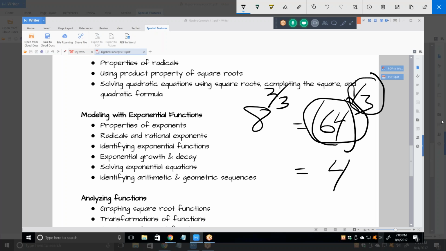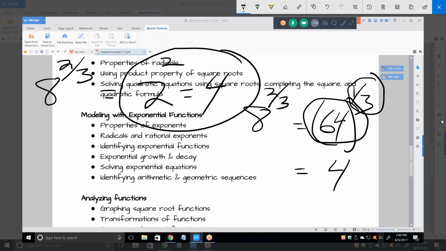You always want to do math where your numbers are as small as possible. Notice that if I take the cube root of 8 first, I get 2. I still have to do the numerator, which is squared. So I get 4, and there's no number there bigger than 4. I don't have to deal with a number as large as 64.